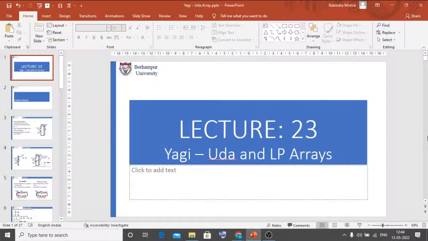They found that in their radar system there is something written: Yagi, Y-A-G-I. In the ships there is Yagi, in the control room there is Yagi. So everywhere there is an antenna, it is a Yagi antenna.